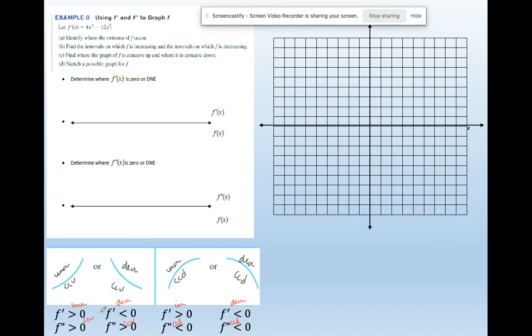You do not have to write in these terms, but know that AP will. They'll say things like, given a differentiable function f, where f prime is greater than 0 on the interval 0 to 3, blah, blah, blah. They will write in this notation. You just have to know what it goes with.